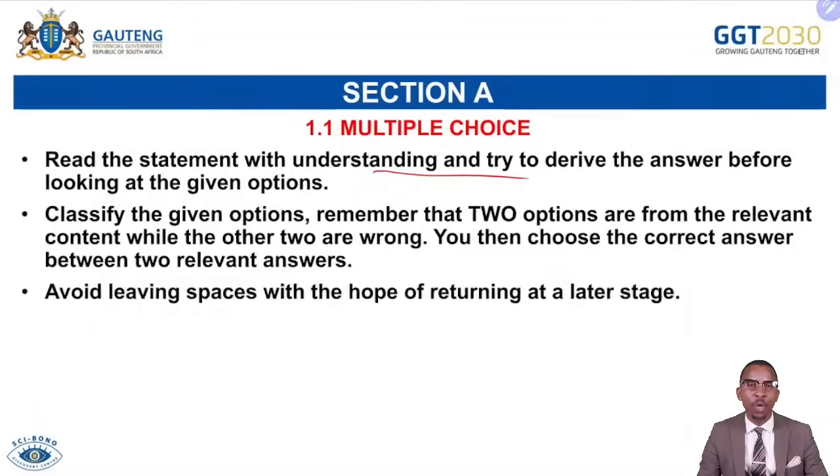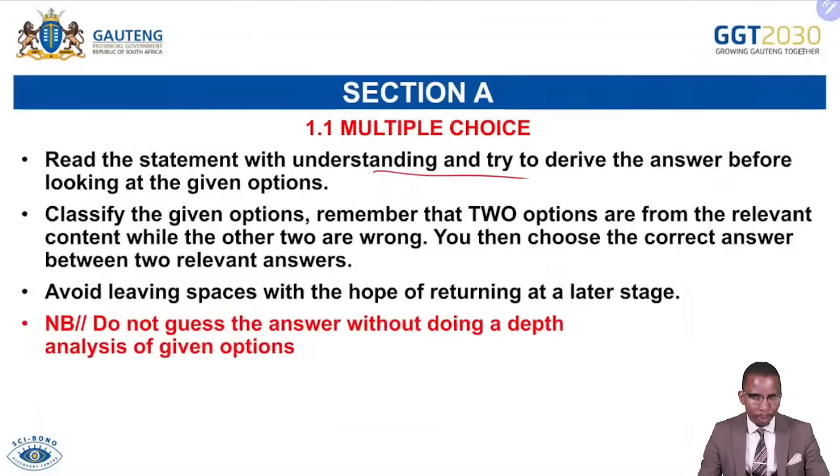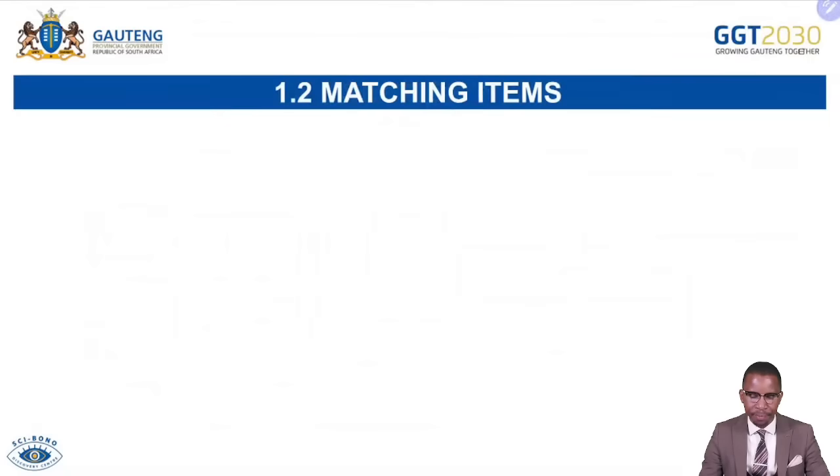Do not leave spaces, because as you leave a space in 1.1, you might forget to come back and then you forfeit 2 marks. It is important that you do not guess an answer without doing an in-depth analysis of the given options and the given statement. Do not guess, because as you guess, you might be endangered. You might even get 0 if you are guessing. Ensure that you understand the question statement, understand the given options, relate them, link them, and get the answer correct.